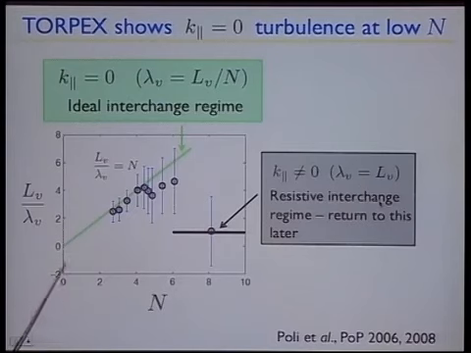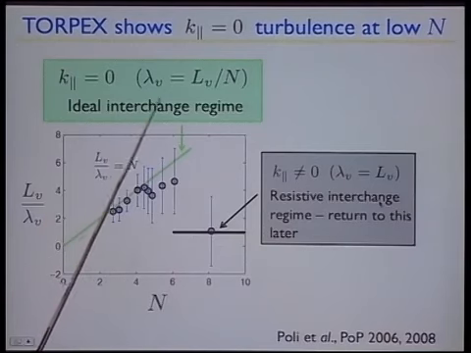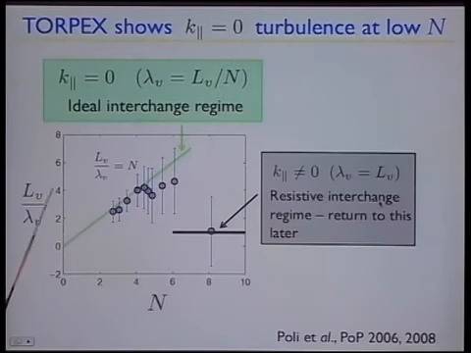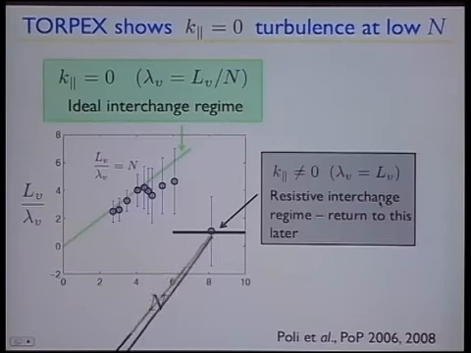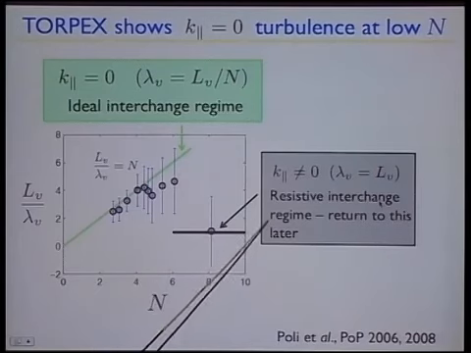And as you can see, there is a linear relation between 1 over lambda_v and n, pointing out that lambda_v is equal to LV over n, as we were expecting for k parallel equal to 0 turbulence. Then, suddenly, at some point, lambda_v increases. Actually, one observes that this goes to a value of 1. In this regime, it's measured that k parallel is different than 0.